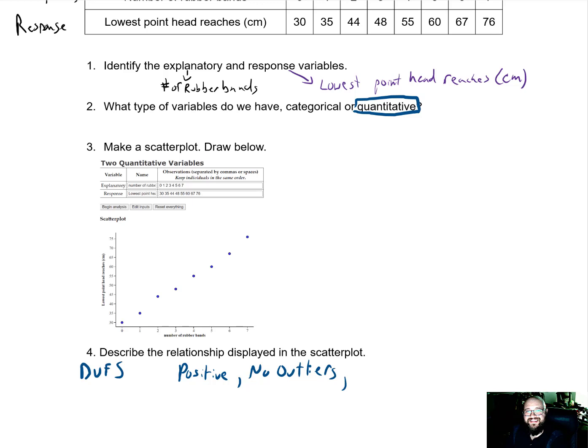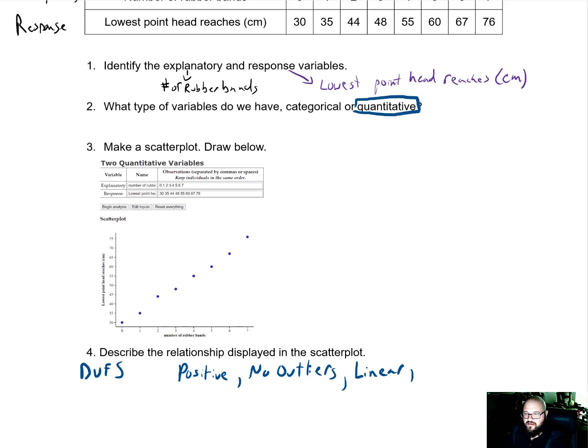Our form, is it linear or non-linear? So in other words, is it forming a linear line or is it all scattered and crazy? Well, in this case, hopefully you can see it's a pretty linear line. If you were to draw a line there, you can get right in between those dots. So we have a linear pattern.